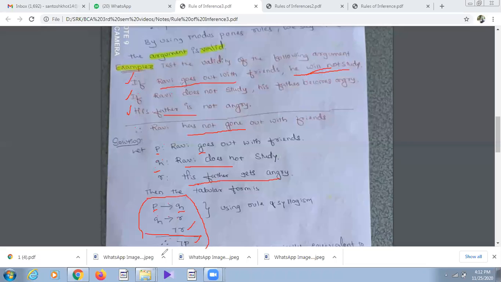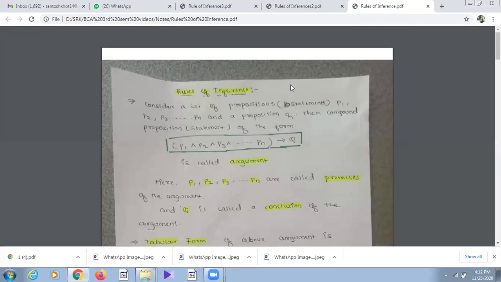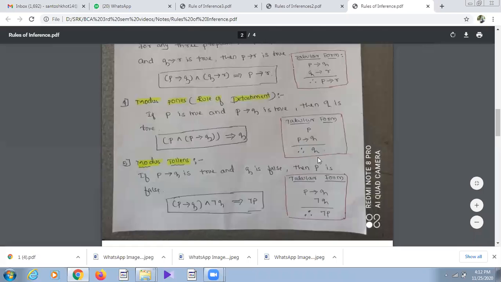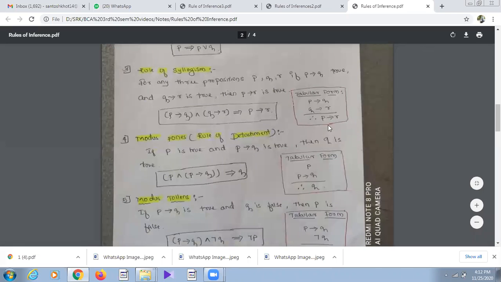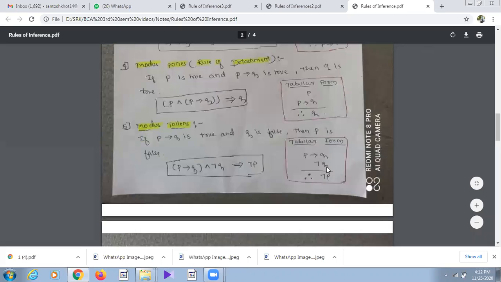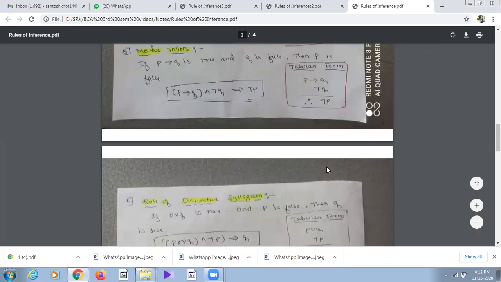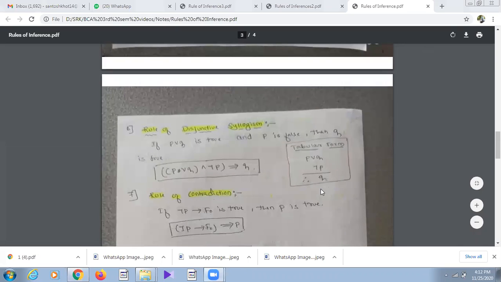Okay, so now we have to apply some rules. See here, we got three premises. Out of the seven rules, there is no rule with three premises. Every rule has two premises, here also two premises, here also two premises, and here also one premise.